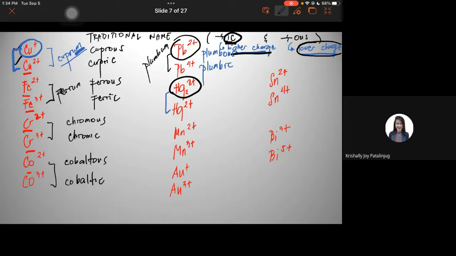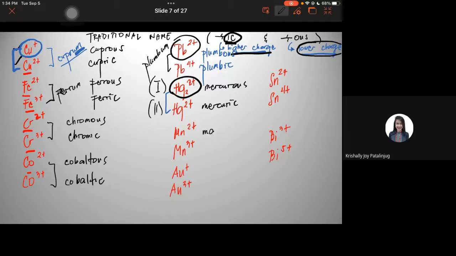Is that mercurous or mercuric? Which is mercury 1, which is mercury 2? Since this is mercury 1, it has the lower charge, so this is mercurous. And this one is mercury 2, the one with the higher charge, mercuric.